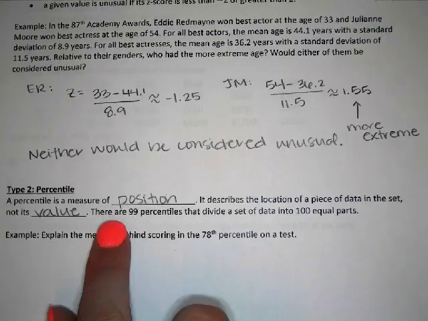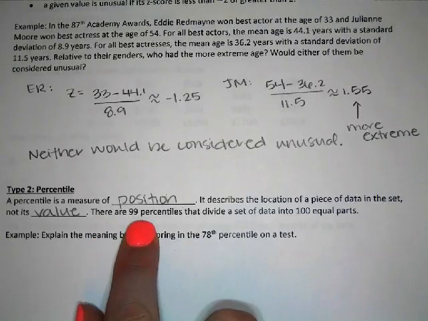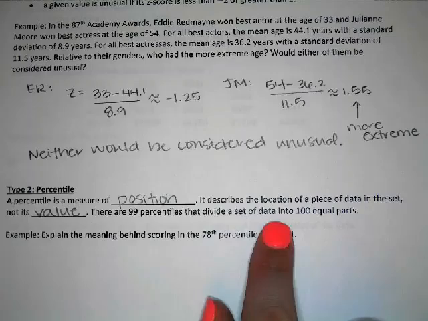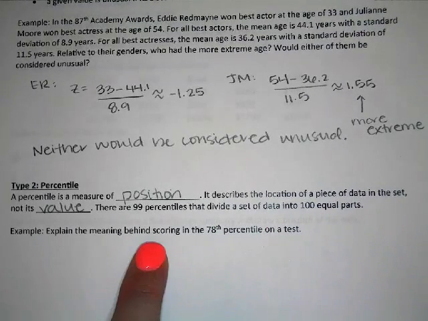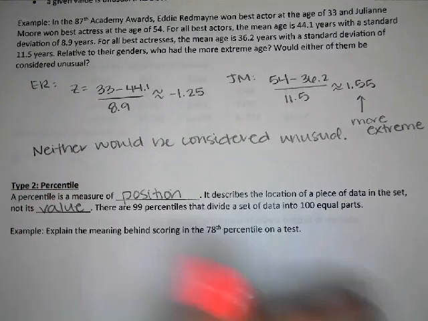There are 99 percentiles that divide a set of data into 100 equal parts, right? So explain the meaning behind scoring in the 78th percentile on a test. So first I'm going to say what it does not mean.